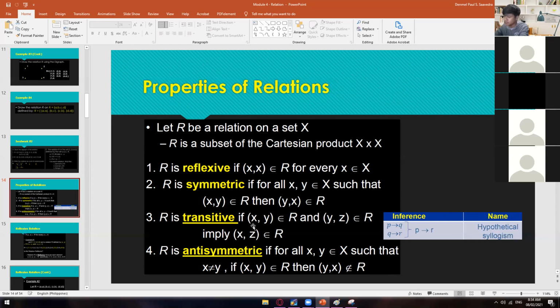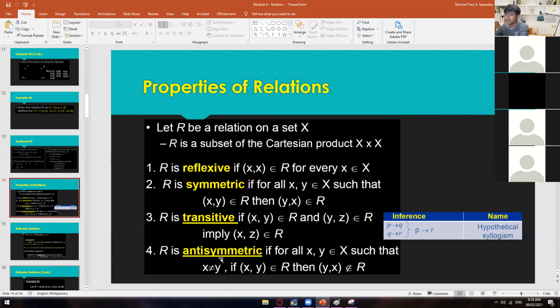So once you see this (x, z) in the ordered pairs, then you can see that they are transitive. But if there is one element that doesn't have this (x, z), then that is not transitive anymore. Anyway, we're going to have more examples for this later on so that you guys will understand this more.